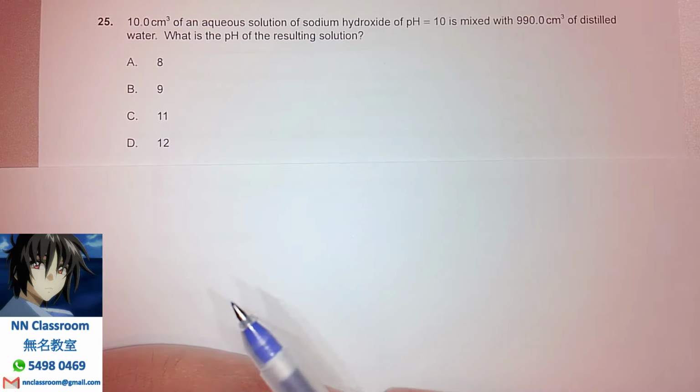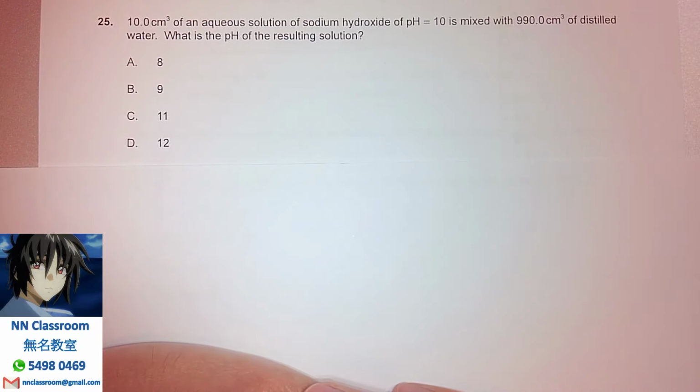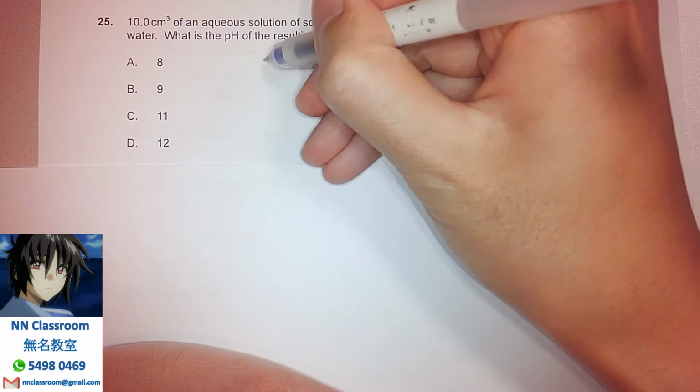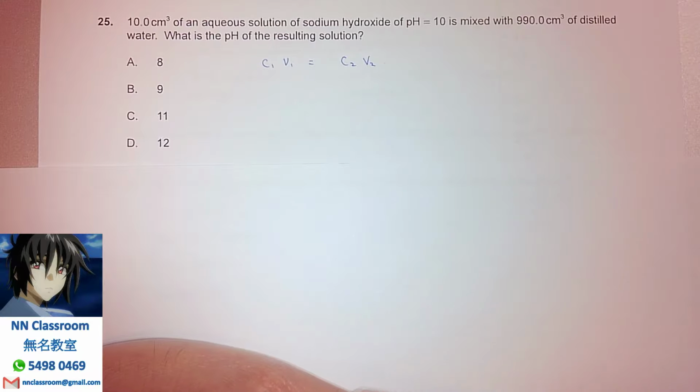Many students, after reading the question, first recognize an equation that is really useful for handling dilution, that is C1V1 equals C2V2. I'm not saying this is a wrong approach.